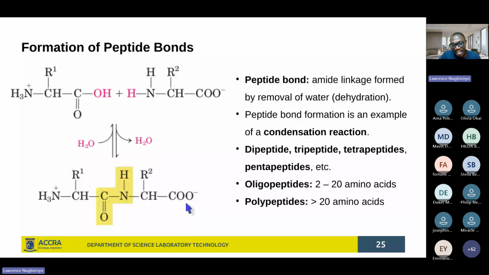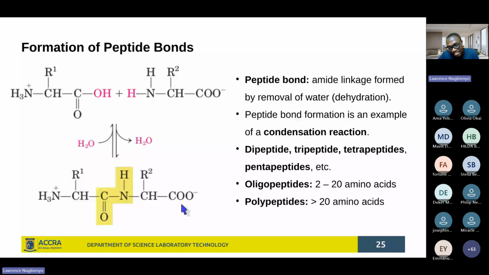Now, the side that ends with the carboxylic acid group, when you read, is being referred to as C terminus. It only means the carboxylic acid end, C terminus, where the chain terminates, the end.